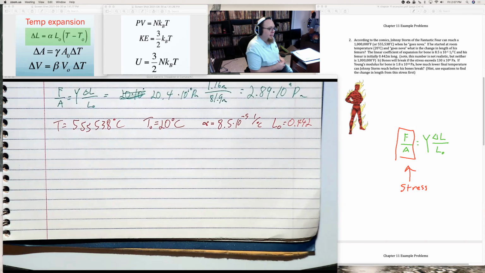What would be the change in length? Now, if you look at this, I say, note this number is not realistic. So we know we're going to get something stupid here. Let's solve for it.